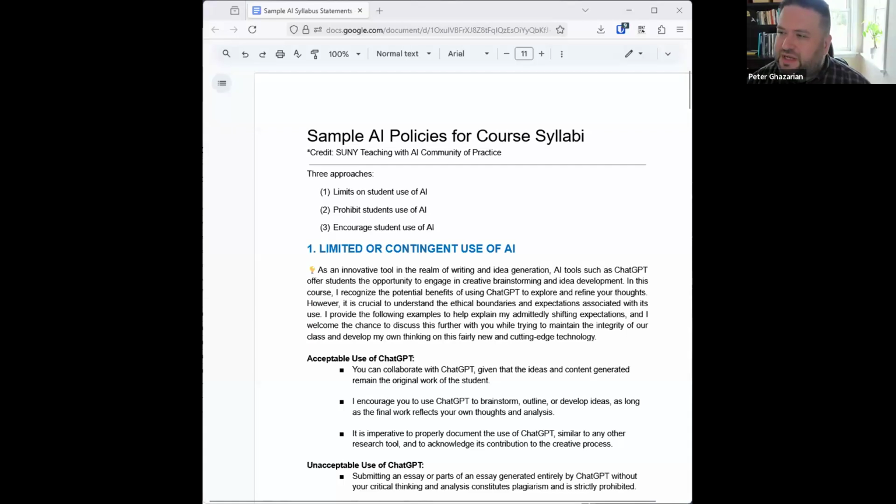So I'm using a resource that I believe I received as a part of the Teaching with AI Fellows program that was run across the SUNY system. And I've added to it a little bit and adapted it slightly. But when we're thinking about informing students about what level of AI use is acceptable within our courses, I think increasingly it's important to be very specific about which assignments and the extent to which we're okay or not okay with them using these tools.